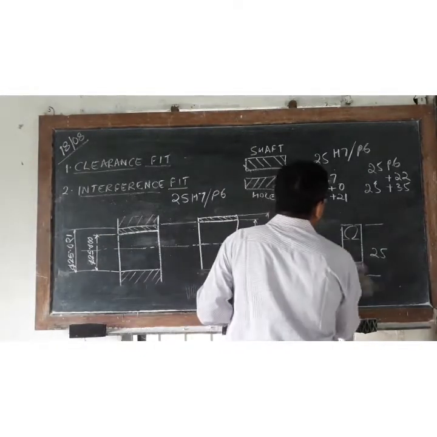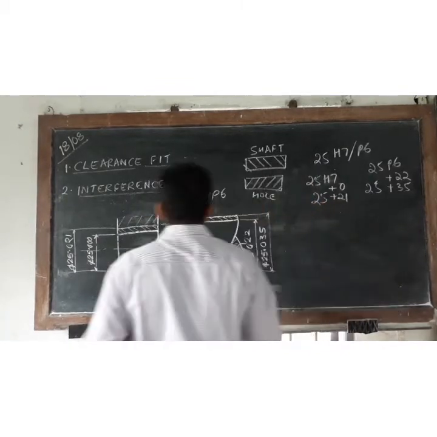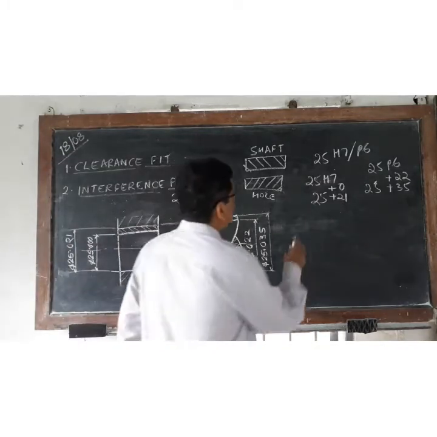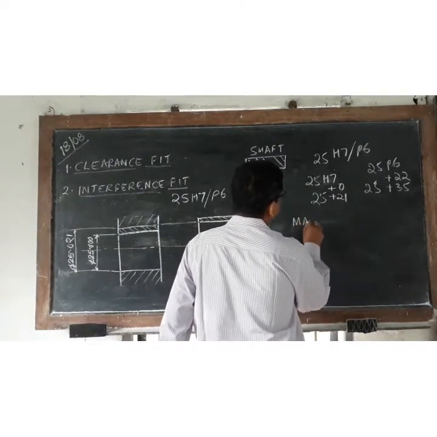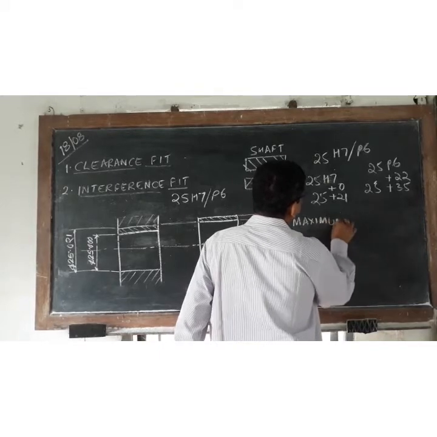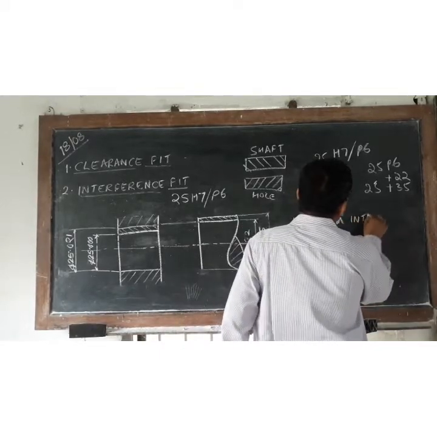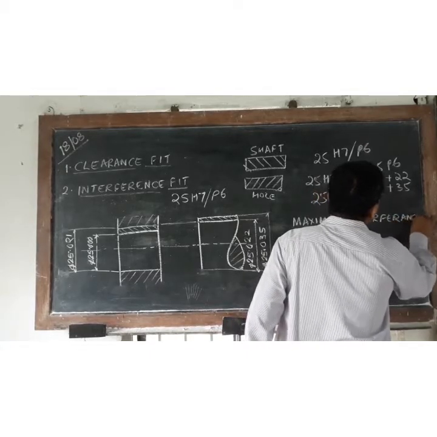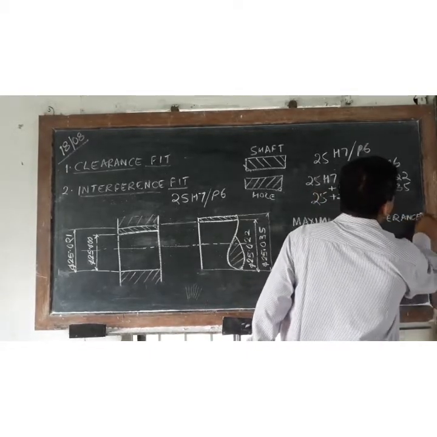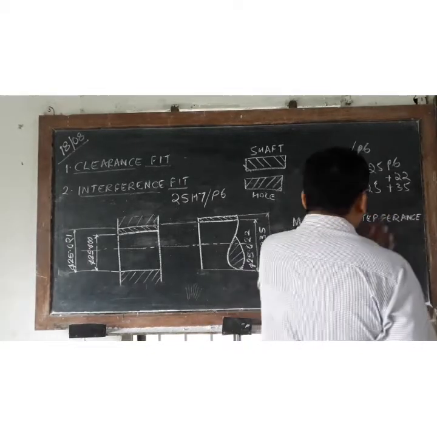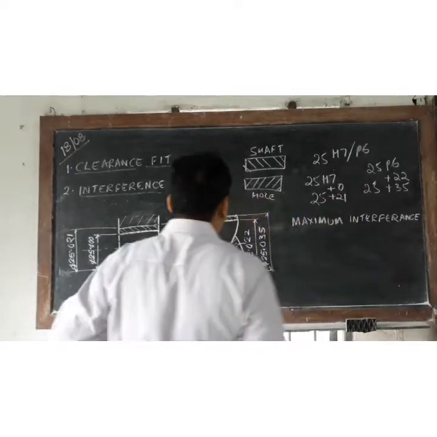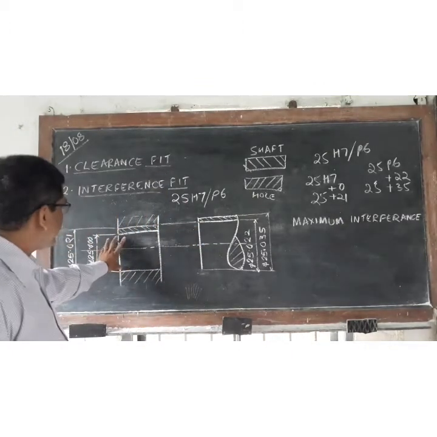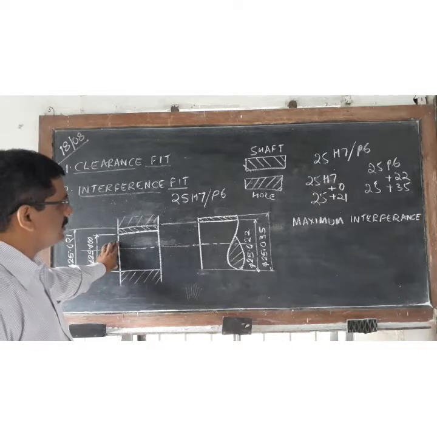So now you see here maximum interference and minimum interference. Okay, the maximum interference. Maximum interference in the sense your hole will be very small, isn't it?